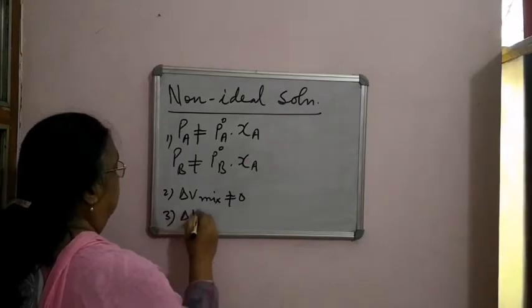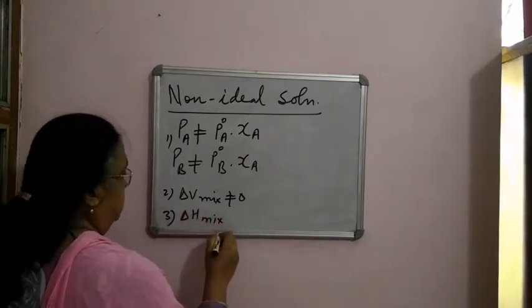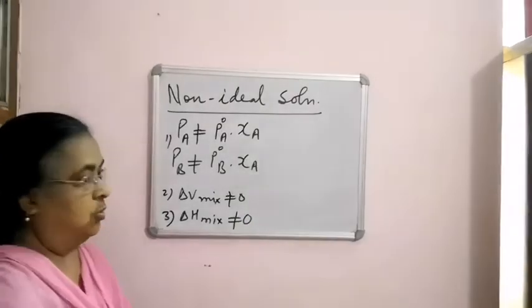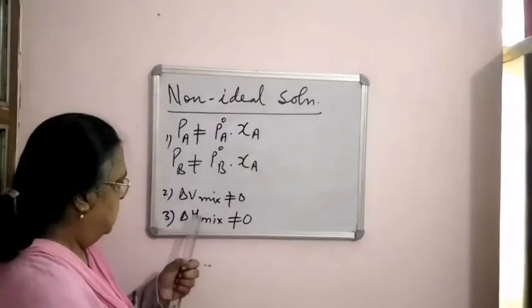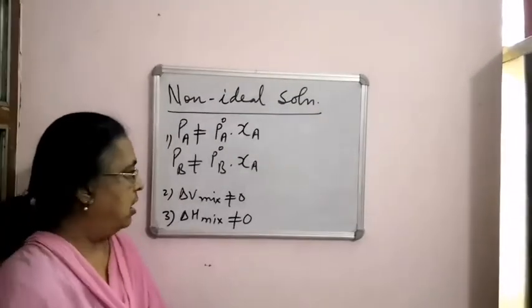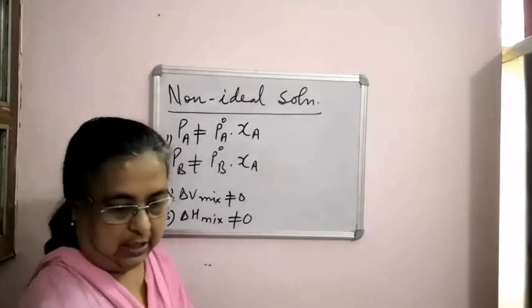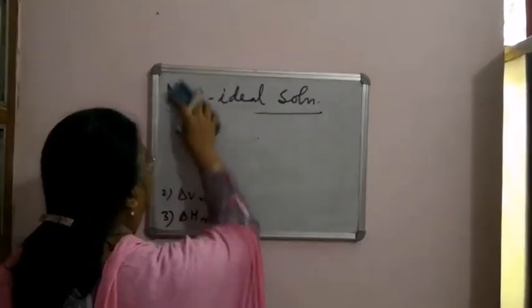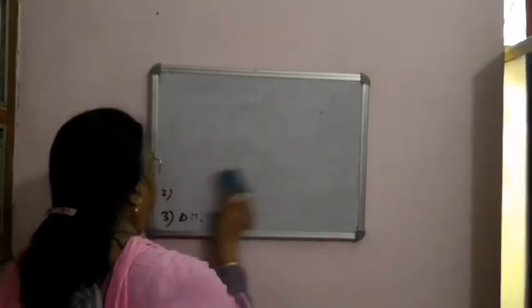And the third, delta H mixing, the change in enthalpy, will also not be equal to 0, neither heat will be taken in nor given out. So we will be doing the Px diagram and Tx diagram for these solutions.